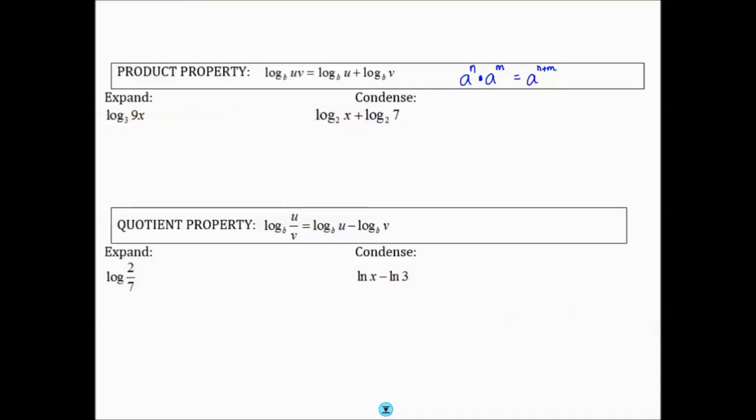So if I have log base 3 of 9 times x, I can split that up into log base 3 of 9 plus log base 3 of x. And then I can simplify this a little bit more because I can evaluate log base 3 of 9. This means 3 to what power gives me 9? This would be 2.